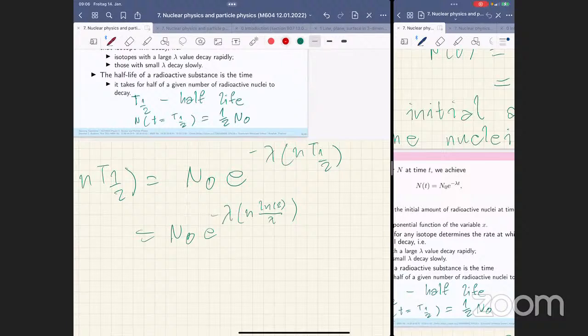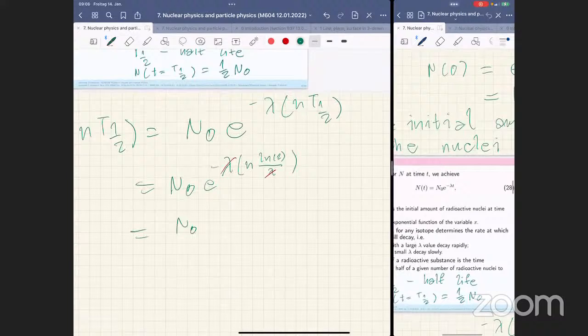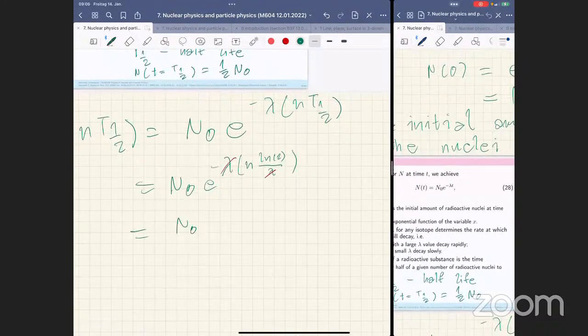And of course, you can cancel lambda with each other. And it's going to bring you to N0, still negative, exponential of n times ln 1 by 2, so you get N0 exponential of ln 1 by 2, again to the power n.